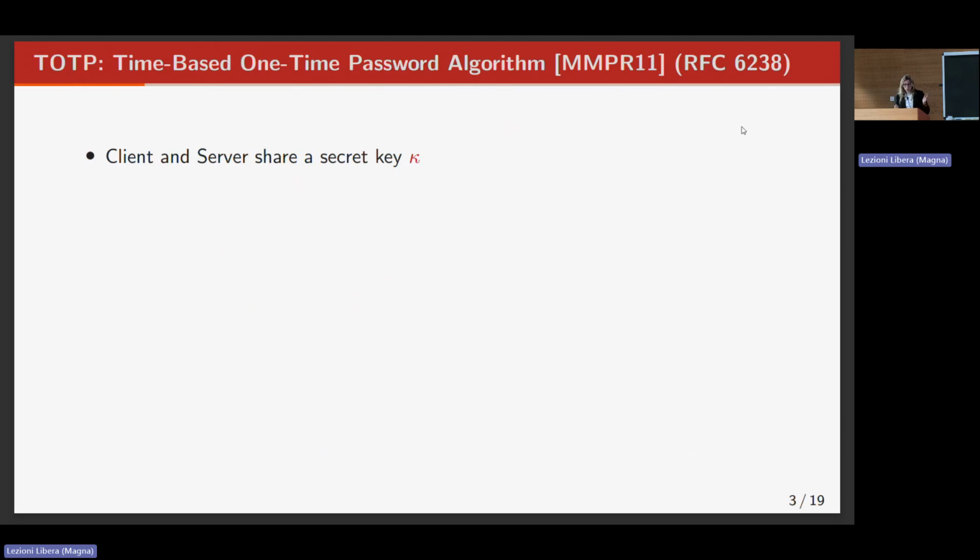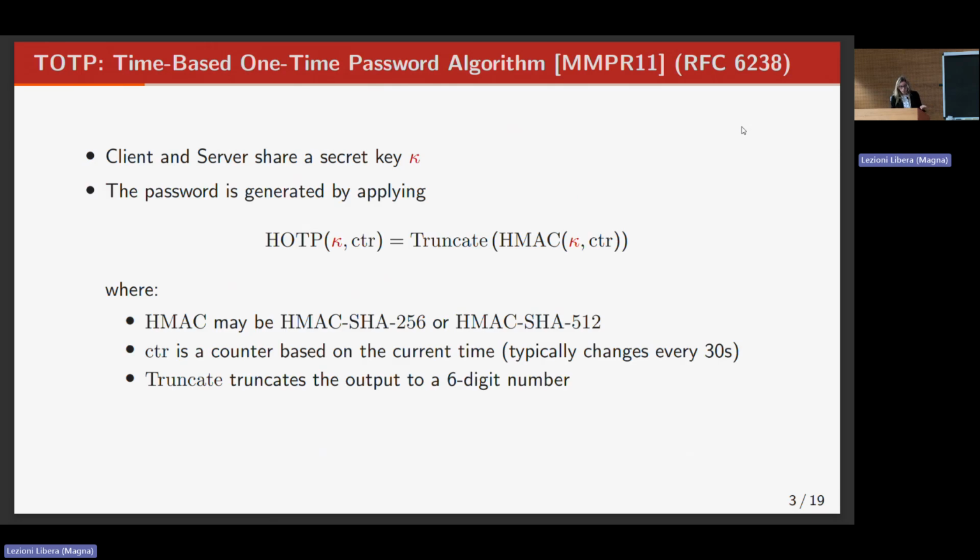So its cryptographic core can be described as follows. We have a client, so typically a Microsoft Authenticator app, and a server, which is typically a web service. They first go through a registration phase where both agree on a secret key kappa. And then in the subsequent authentication rounds, the client will take this key kappa and a time-based counter, and apply HMAC on this input.